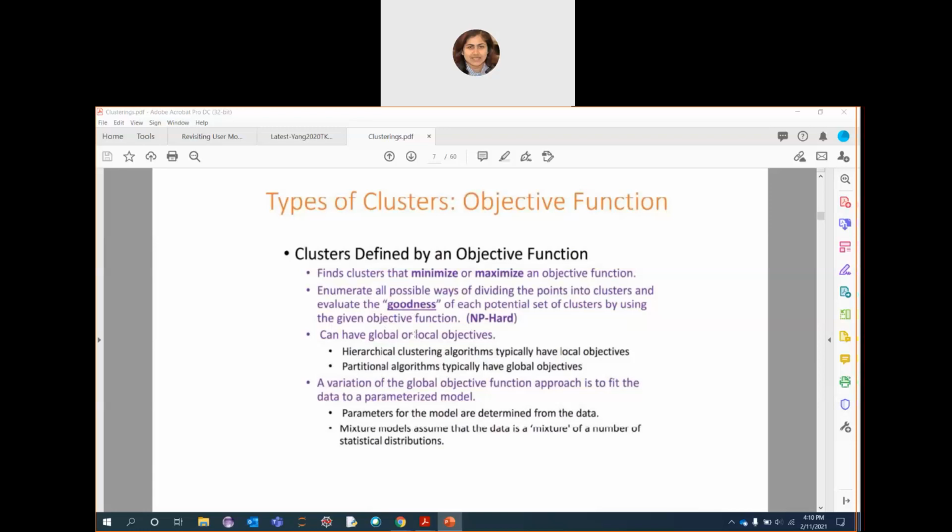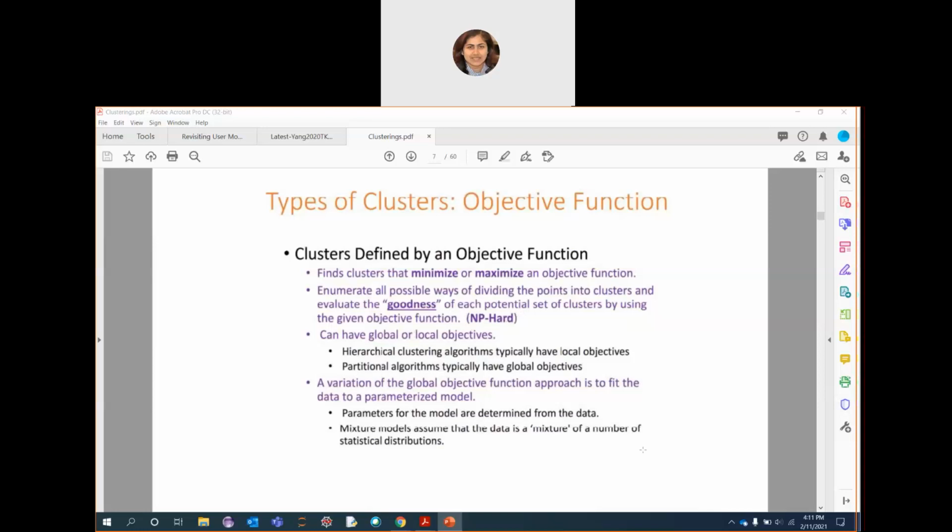Most of the time, the goodness is actually related to the objective function. The determination of the objective function is also complex at certain times, and it is also called NP hard. It is very complex to manage that objective function to form clusters.